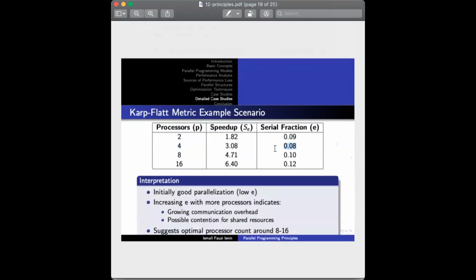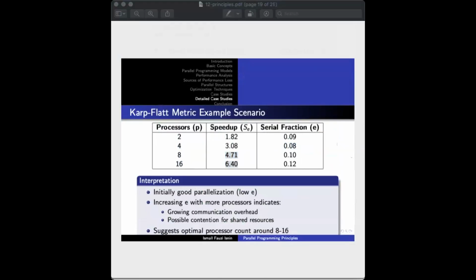But when we scale further to 8 and 16, our speedup gains begin to flatten out at 4.71 and 6.4, causing our calculated serial fraction e to rise to 0.1 and then 0.12.